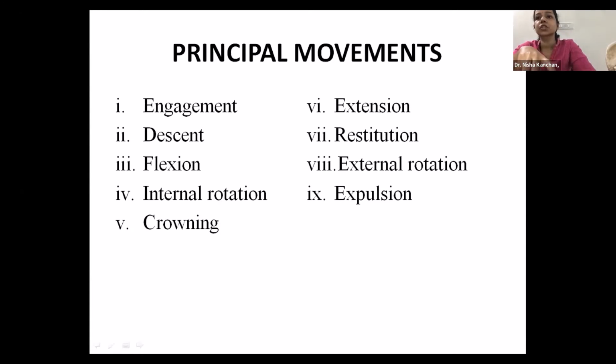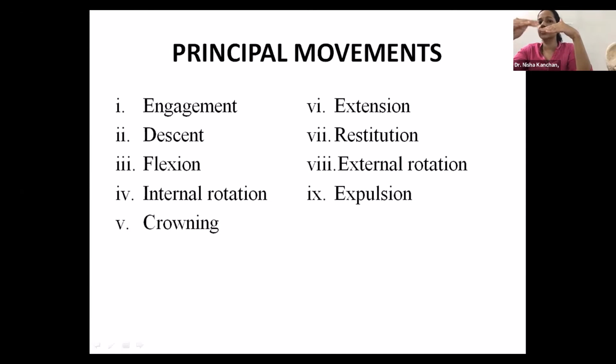So the commonest position is going to be left occipitotransverse, because the head wants to comfortably pass through the pelvis. So it will choose the widest diameter available to it, which is the transverse diameter of the pelvis. So the sagittal suture is going to lie in the transverse diameter, and the suboccipitobregmatic diameter enters through the transverse diameter of the pelvis.